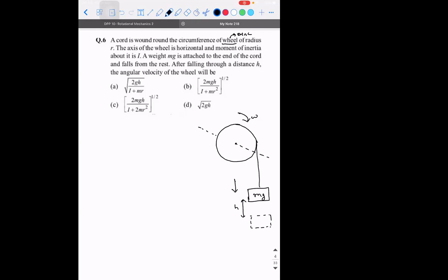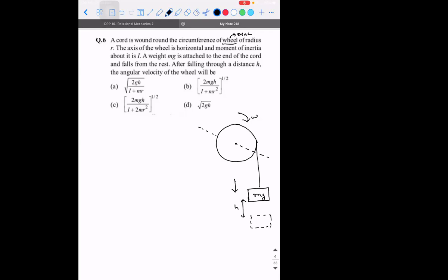Guys, what is the answer? How many kinetic energies does it possess? Sir, after falling from rest, it possesses rotational and translational kinetic energy.